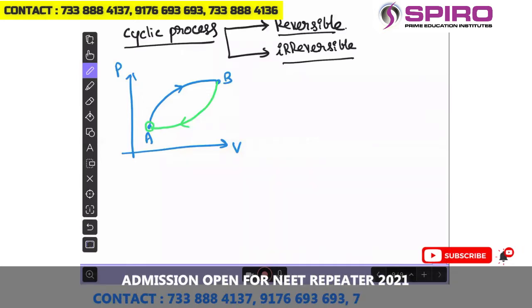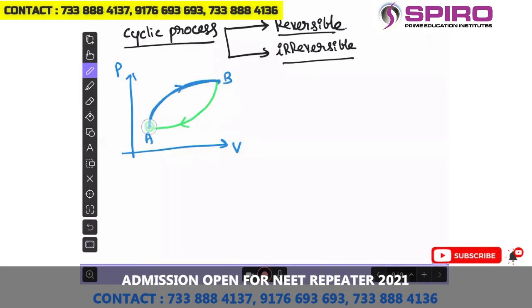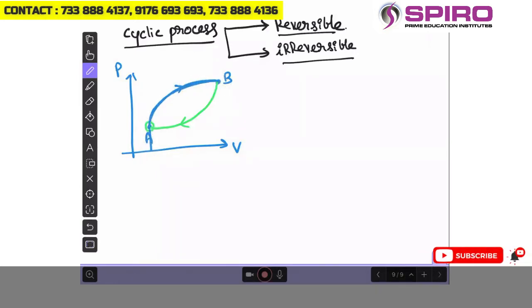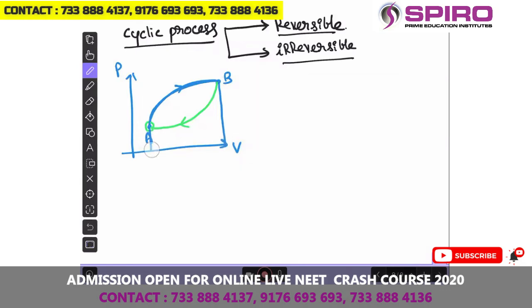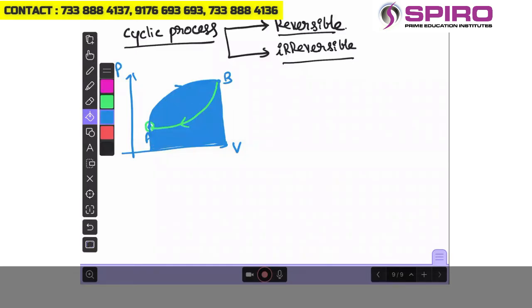In the cyclic process, you can observe one thing here. Take the A to B curve and envelop it with the volume axis. The area bound is called work done.